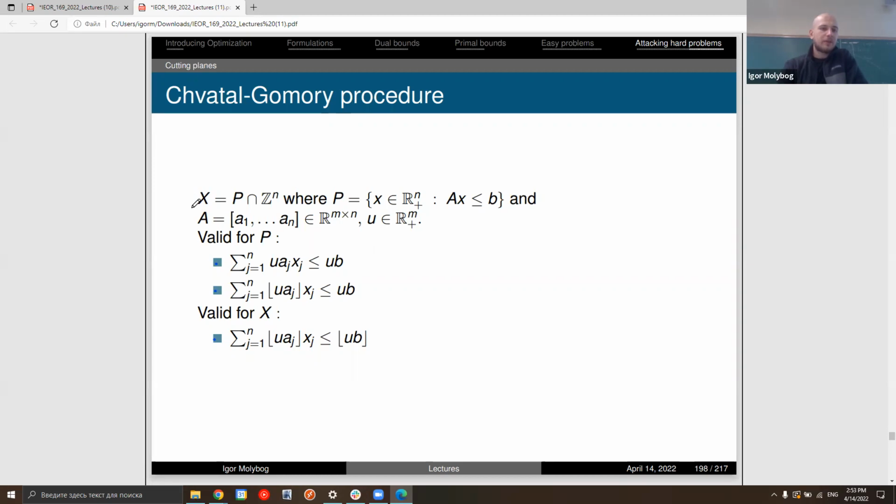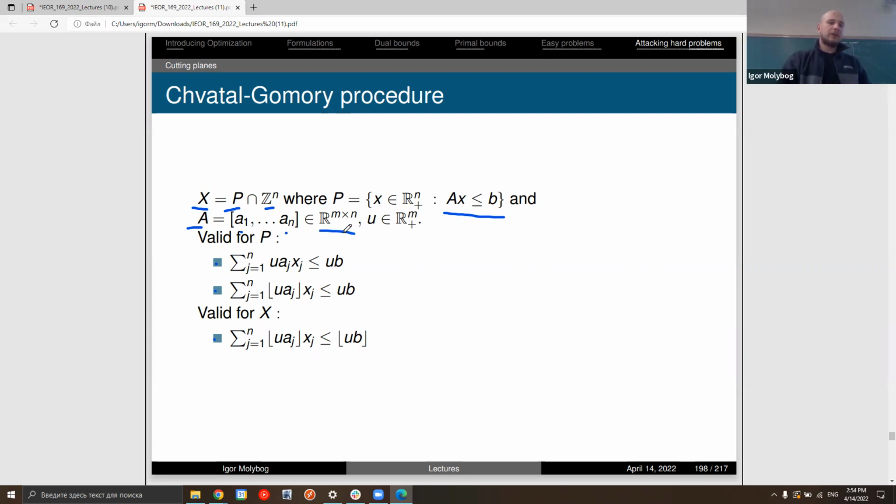Let's say that we have a set X that is based on the formulation P, and it's integral in an n-dimensional set. P is given to us with the inequality AX less than or equal to B, and our matrix A consists of columns from A1 to AN.